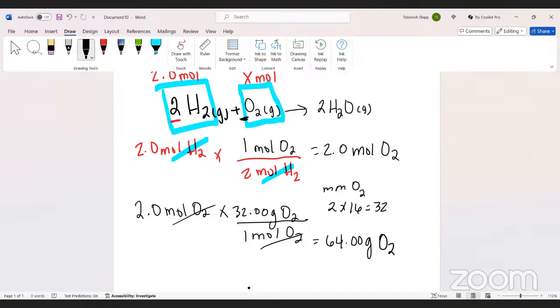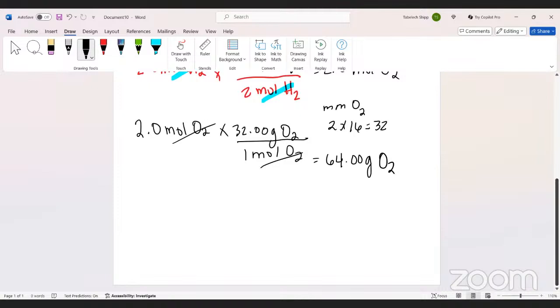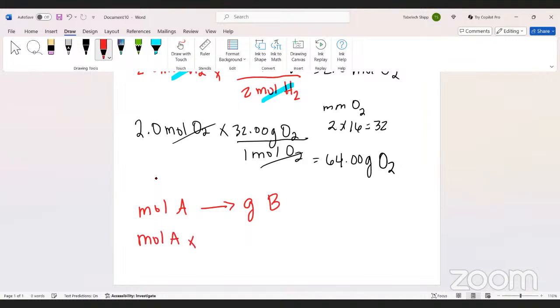So again, with dimensional analysis, here's a little formula you can use. If I give you a problem where I say I have moles of A and I want the grams of B, you start off with the moles of A, times, whatever the moles of A was from your balanced equation, and you put the moles of B on the very top.